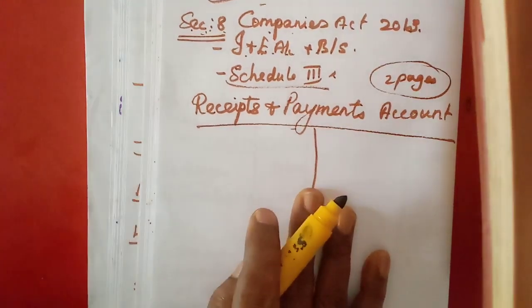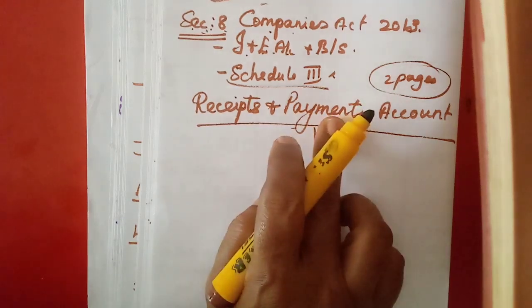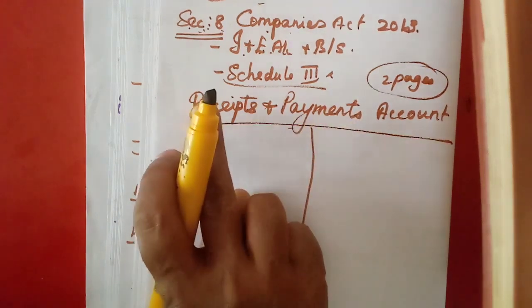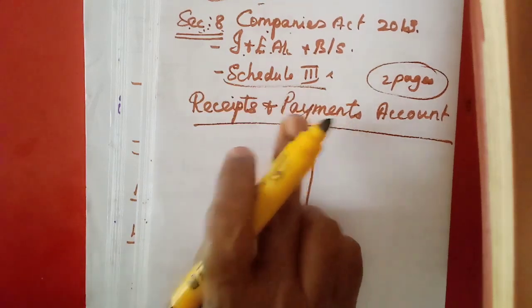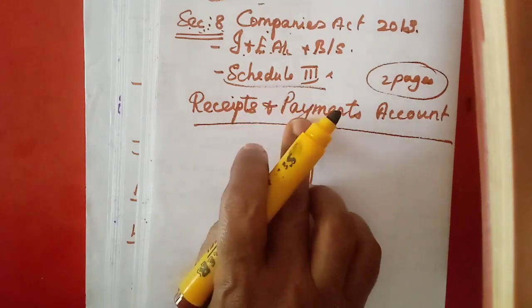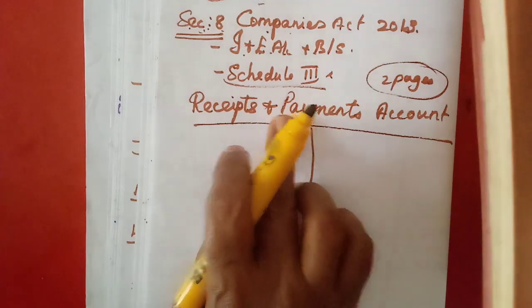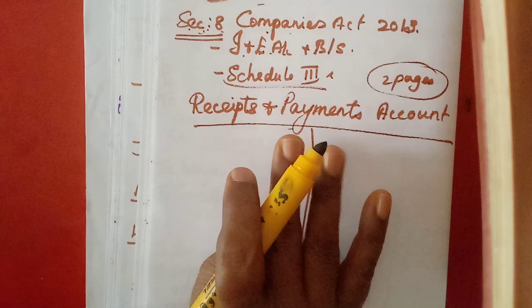What is a receipts and payments account? First you should know the meaning. A receipts and payments account is a summary of all receipts and payments of cash and bank. Receipts of cash, payment of cash, or a receipt of any bank transaction also. If we deposit money into the bank, that also will affect the receipts and payments account.